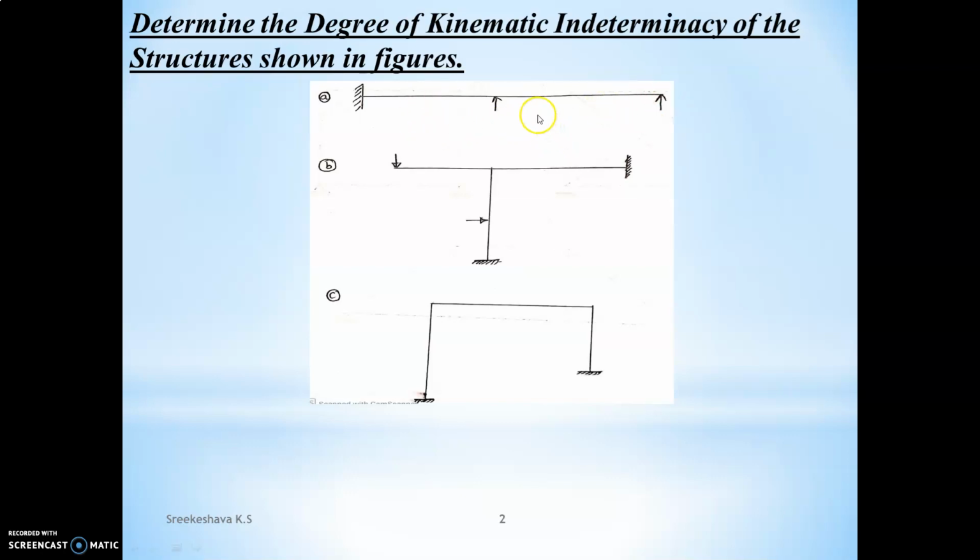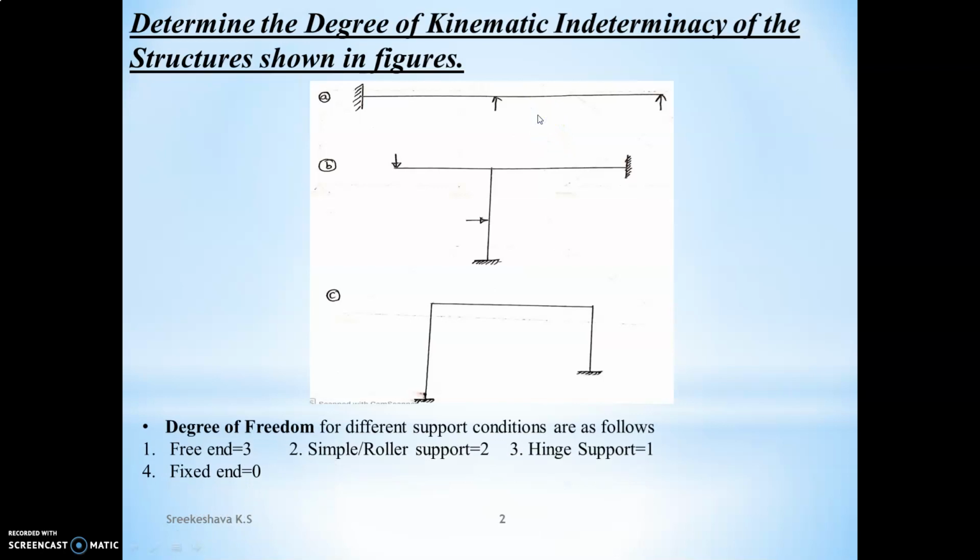Now let us see what are the possible displacements at different types of supports. Let us see, we are having a free end. At each joint, a free end can displace in three directions: along x direction, along y direction, or it can rotate when a moment is applied.